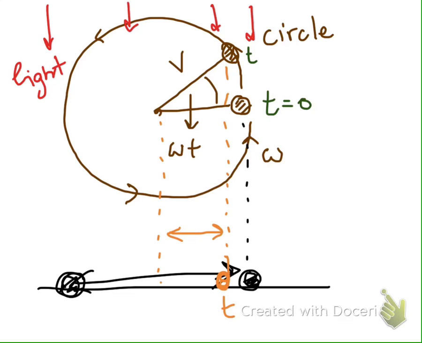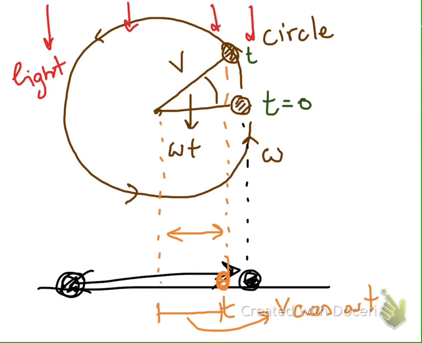What is the distance? Okay, you can see that you know the angle, right? You know the radius of the rotation. The distance here will be v cos omega t, right? It will be v cos omega t.